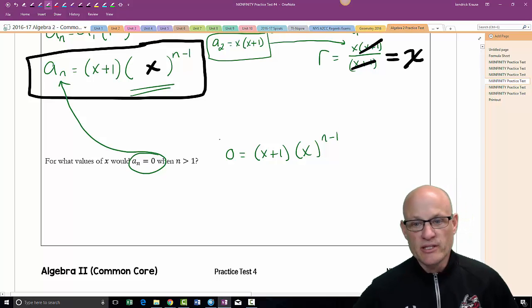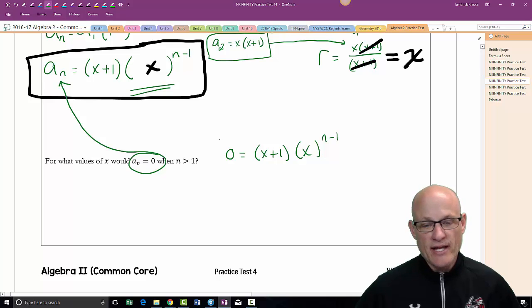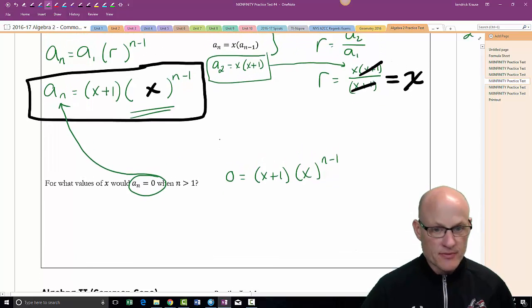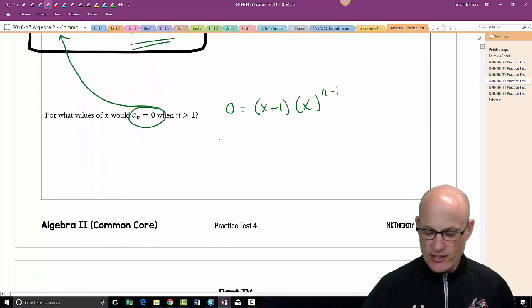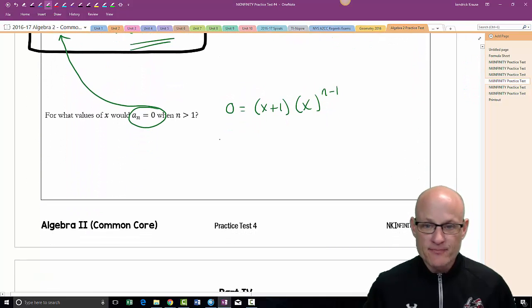How is that going to be equal to 0? Now, n has got to be greater than 1. What do we know here? So what do you think, kids?